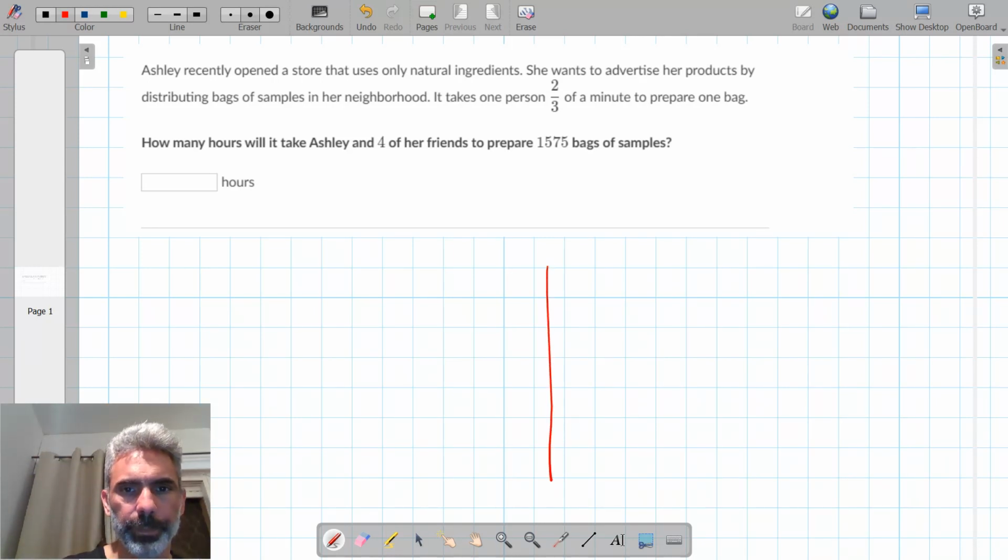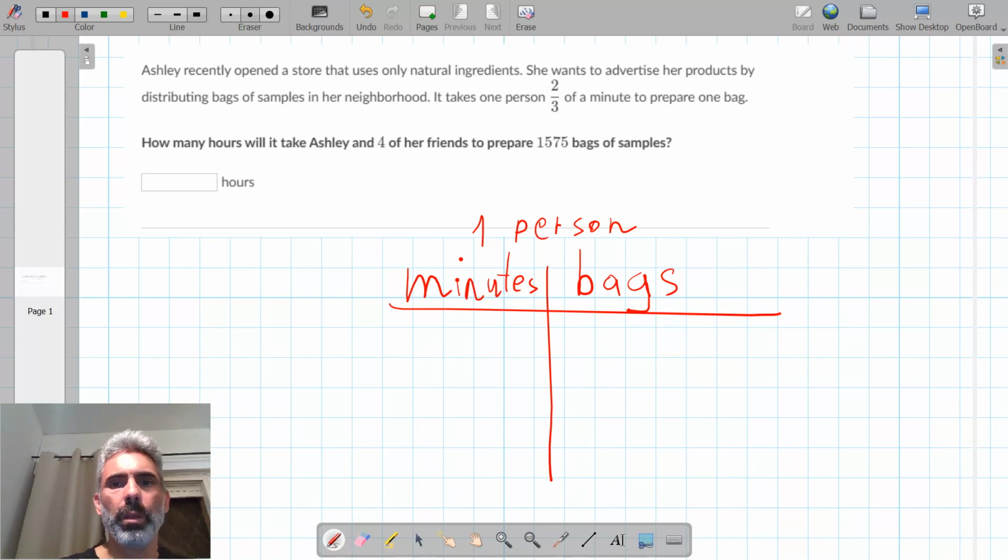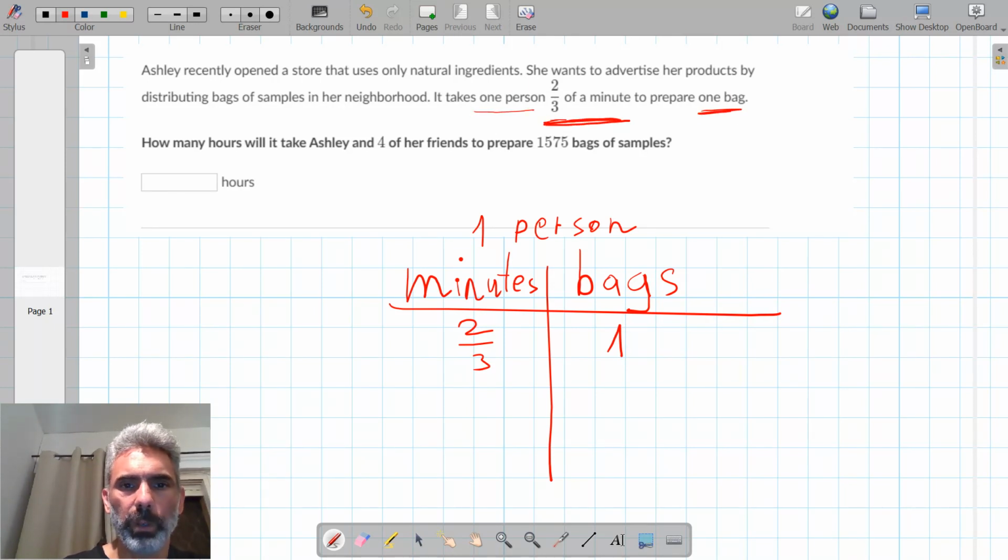So we have minutes, and we have bags, and it takes one person 2/3 of a minute to make one bag. It takes one person 2/3 of a minute to prepare one bag.